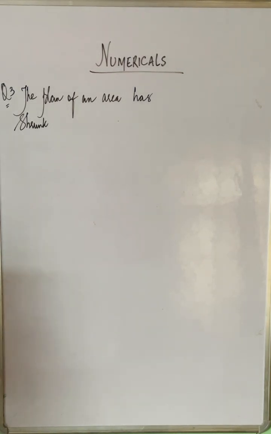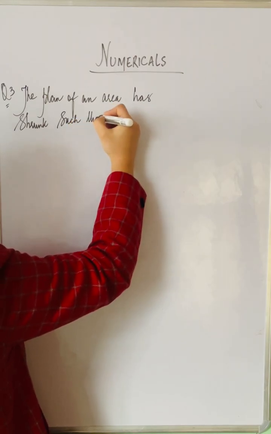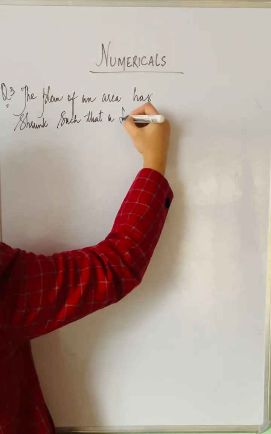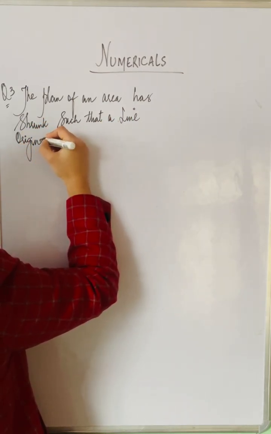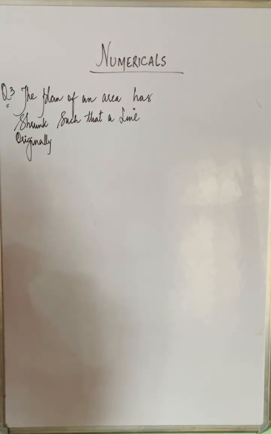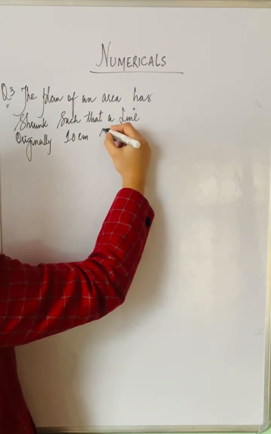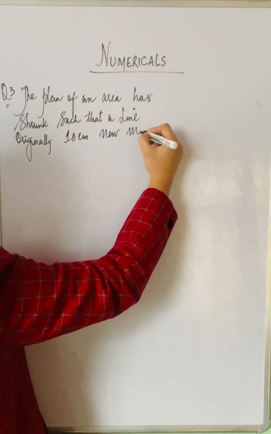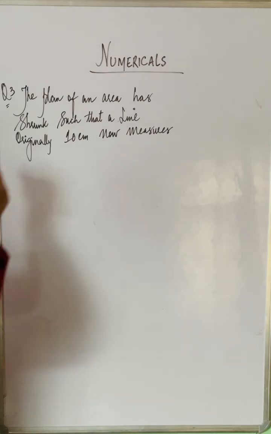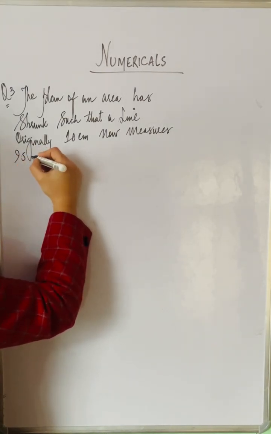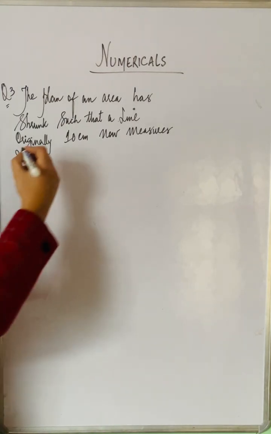The plan of an area has shrunk such that a line originally 10 centimeters now measures 9.5 centimeters.